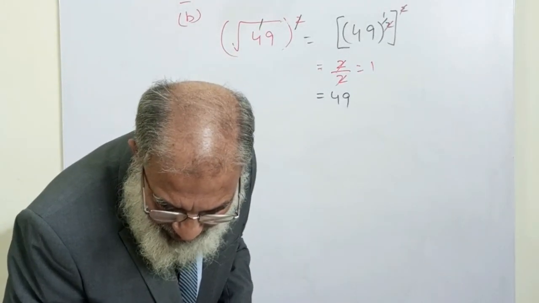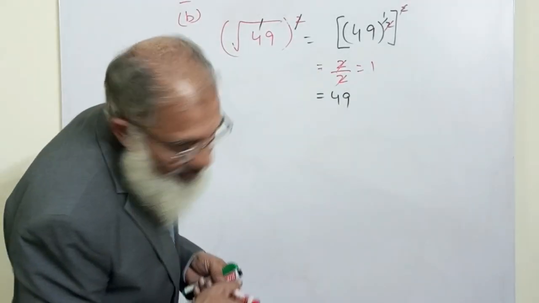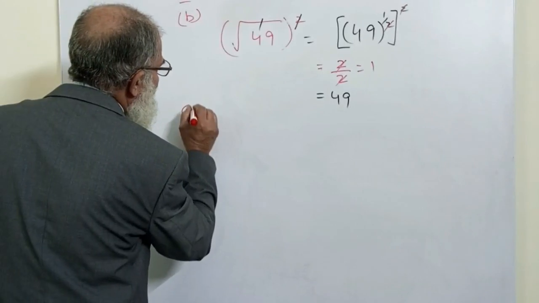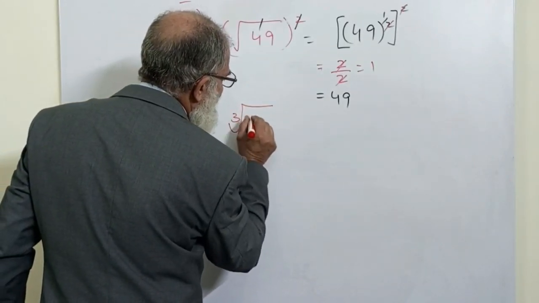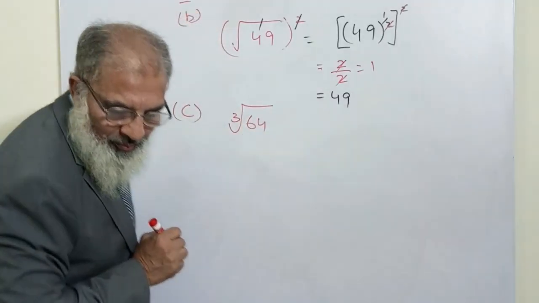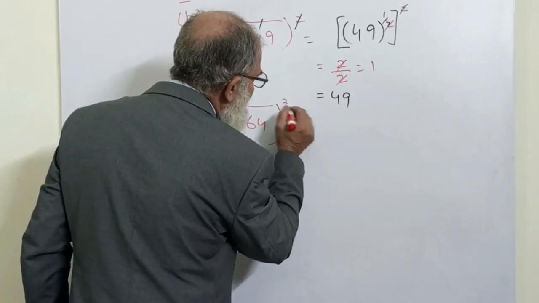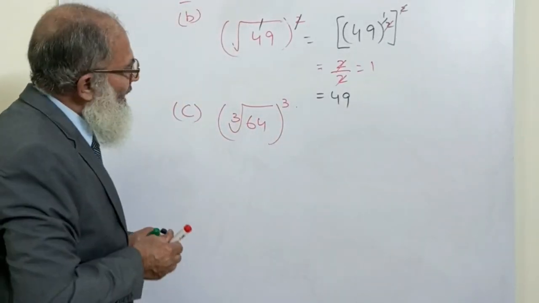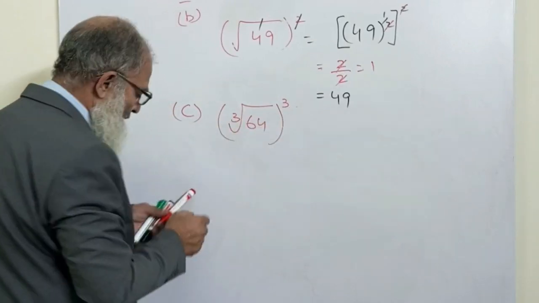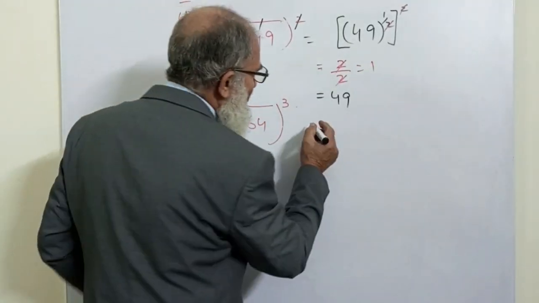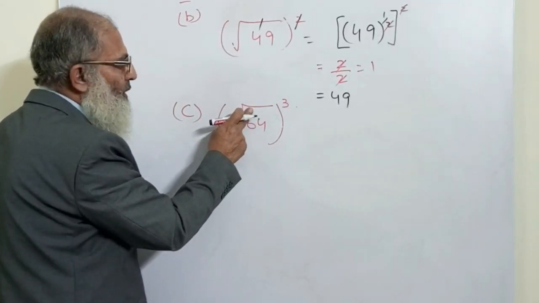Now an example for cube root as well, and that is C, cube root of 64, and it is whole cubed. Again, when you see it is cube root, to explain it, you can just cut this cube with this cube.